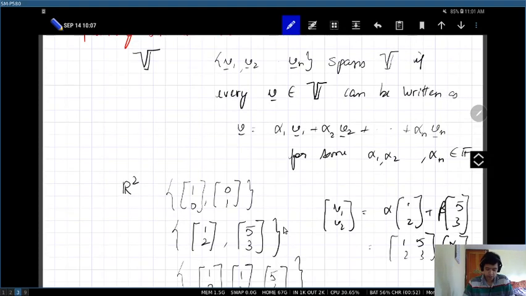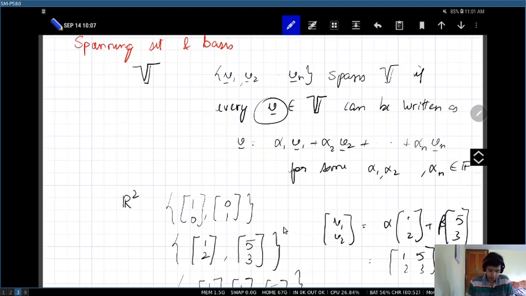So when I say that every vector V can be written as a linear combination of V1, V2 up to Vn, this linear combination need not be unique. There should be at least one linear combination which gives you the vector V, right?